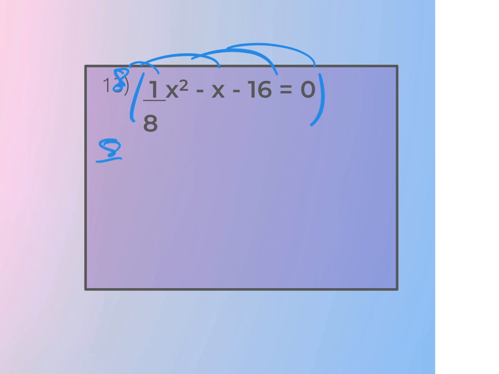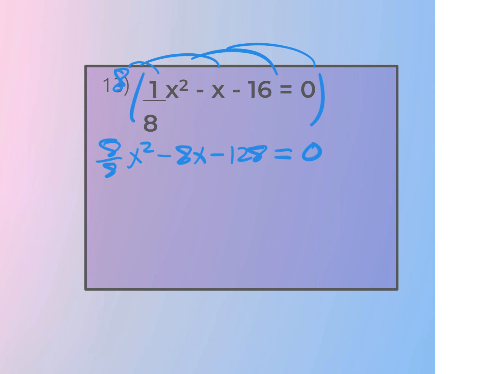So then we get 8 over 8 x squared, minus 8x, and then minus 16 times 8 should get you 128, right? Equals 0 times 8 is 0. All right, so something like 8 times 16, maybe you need to do up to the side. That's fine, right?